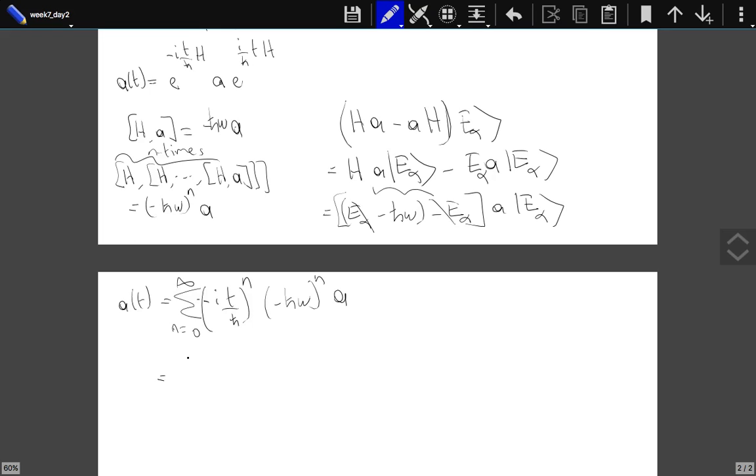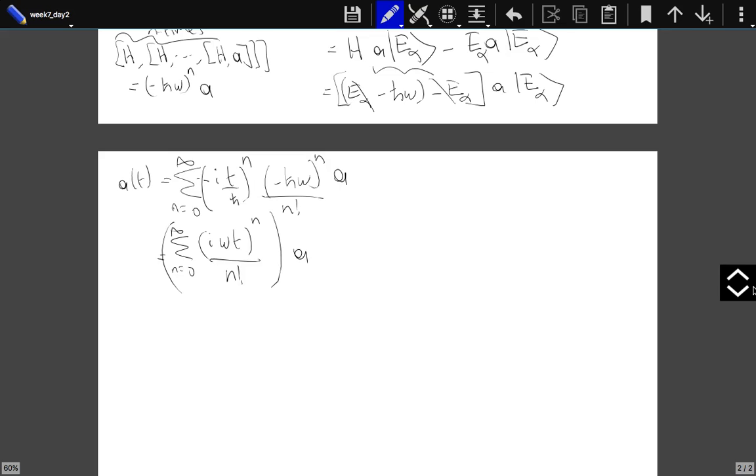So this is equal to the sum from n equals 0 to infinity of i omega t to the power n, with also this 1 over n factorial, multiplying A. So now we have what A of t is.